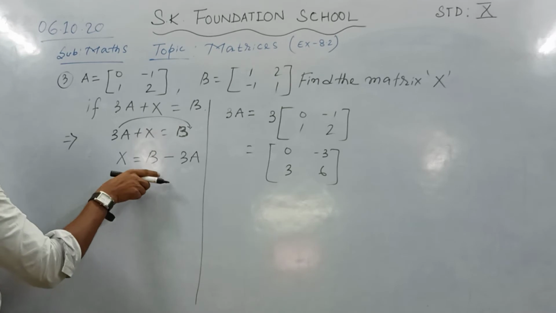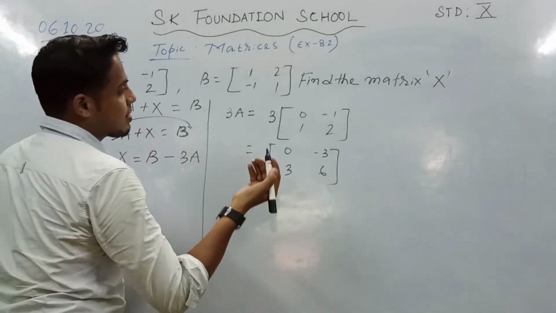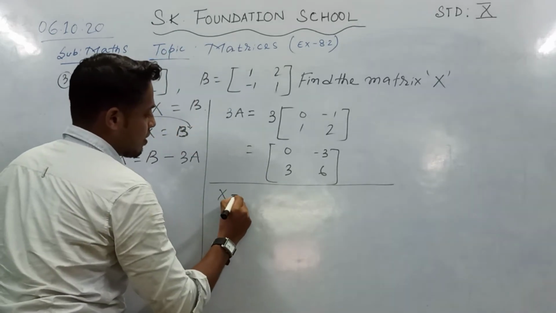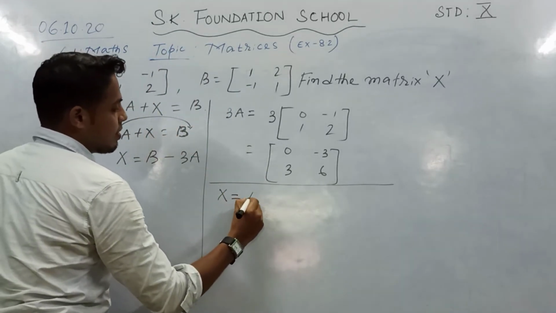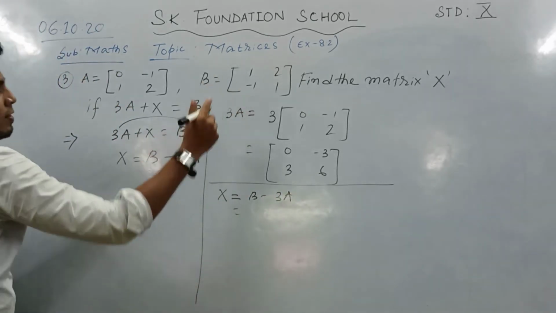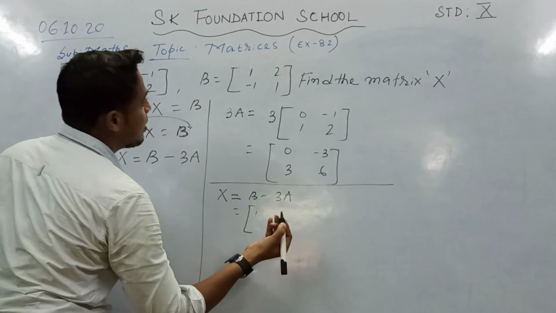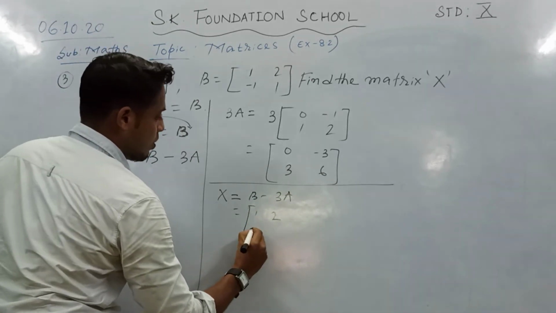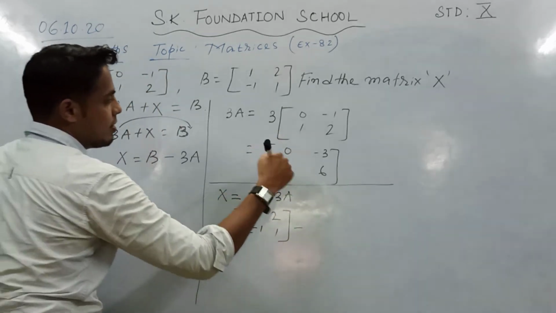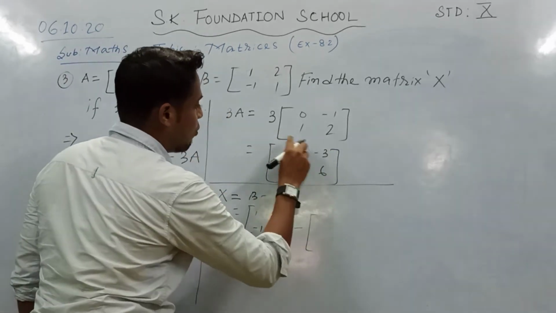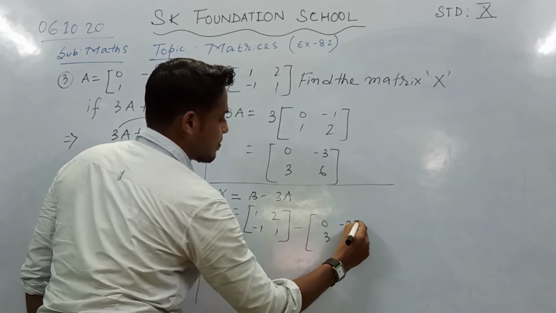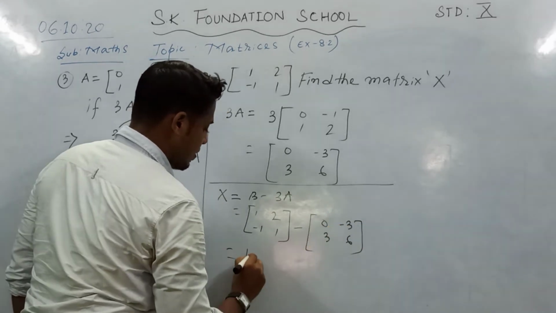Now we are going to find matrix X, which is B minus 3A. So matrix B is [1, 2; -1, 1], minus sign, 3A is [0, -3; 3, 6].